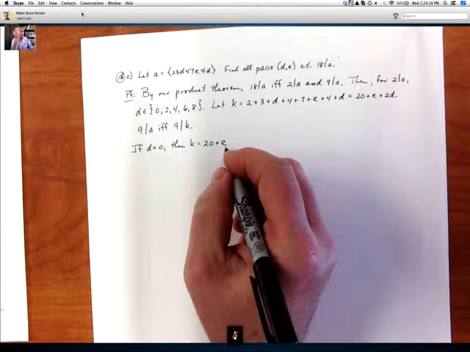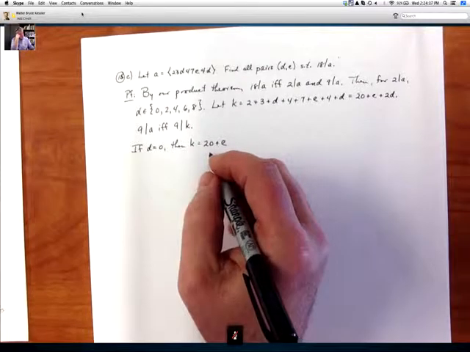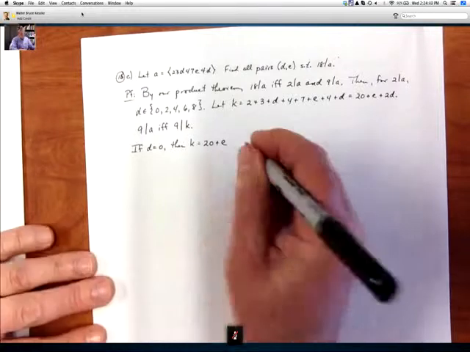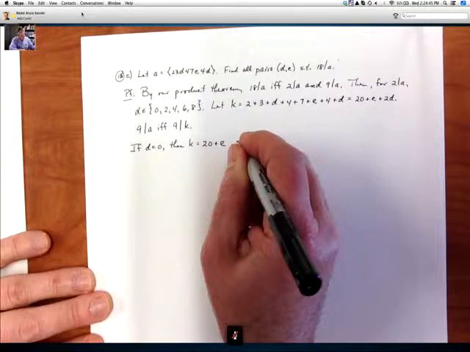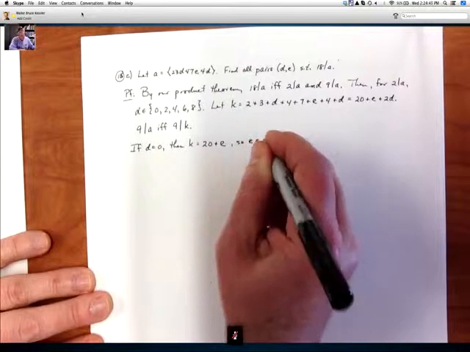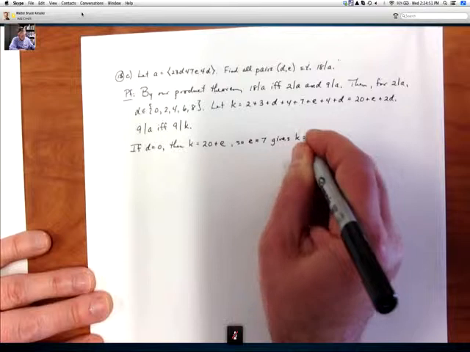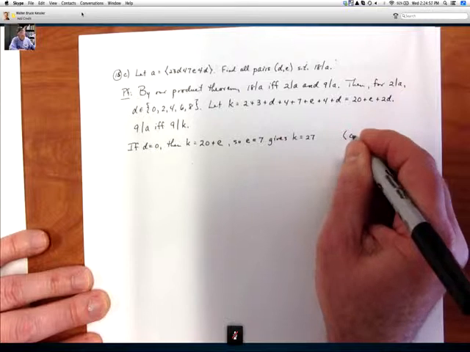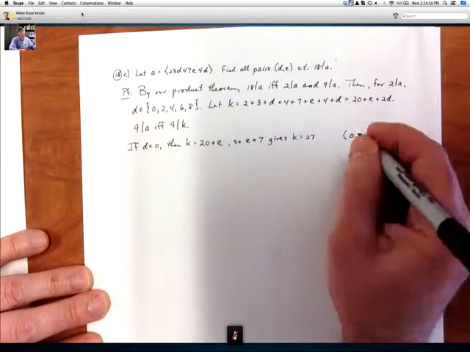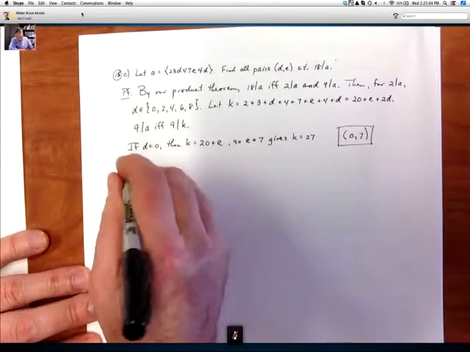Okay, but I've got to use 0 through 9, so I can't go down from 20 to get 18, so the only thing that I can get to is 27. So E equals 7 gives K equal to 27, and we have the point 0, and then E is 7. Okay, that's one of our answers.